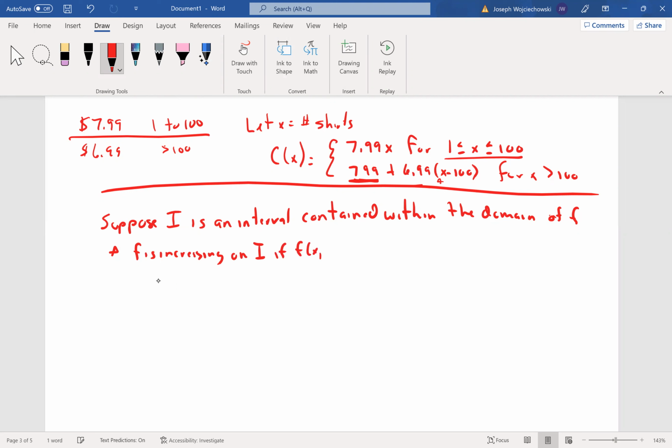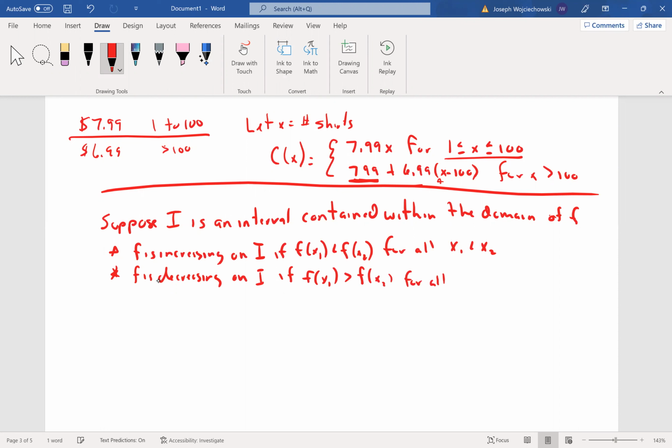F of X1 is less than F of X2 for all X1 less than X2. Then F is decreasing on I if F of X1 is greater than F of X2 for all X1 less than X2.